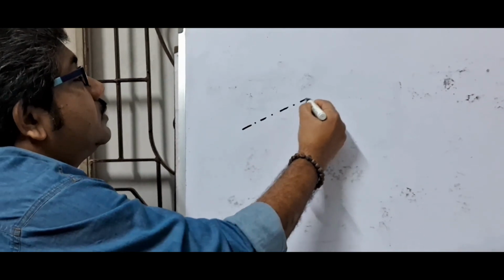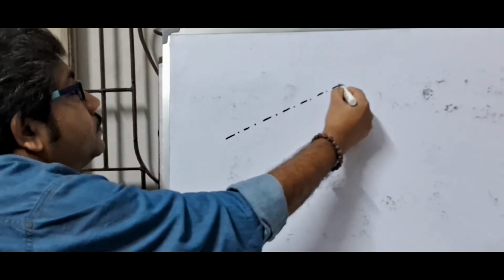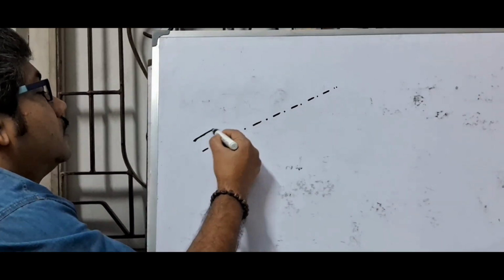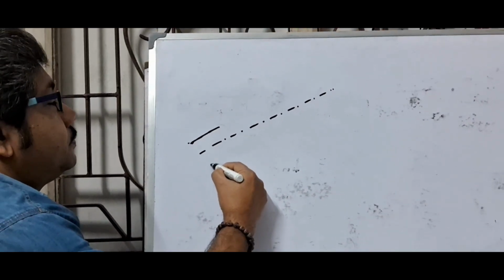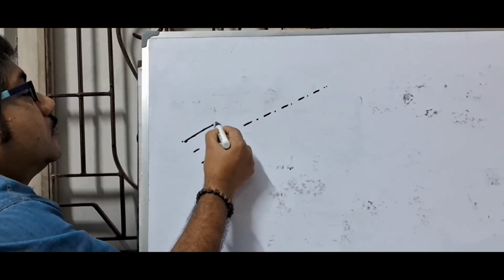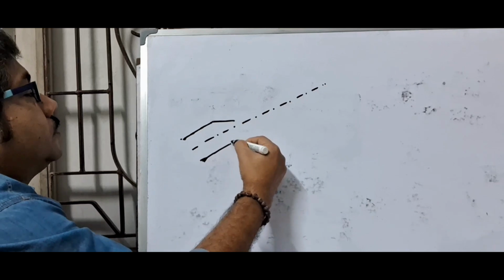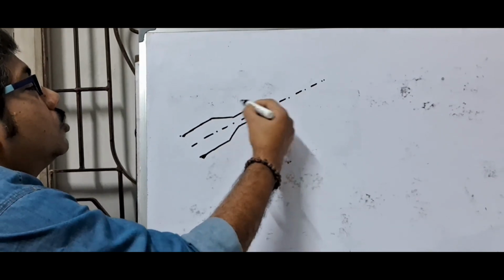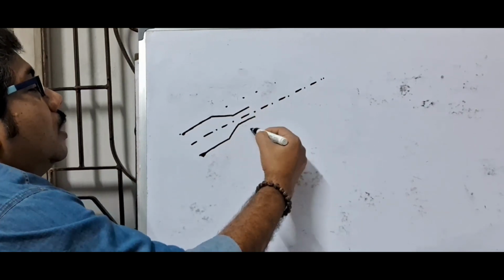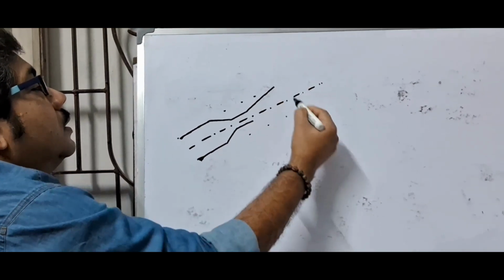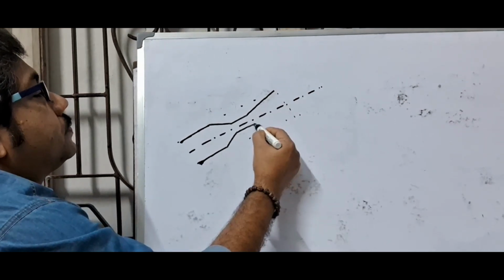Say this is center line, this is pipe, this is converging portion, this is throat, and this is diverging portion.